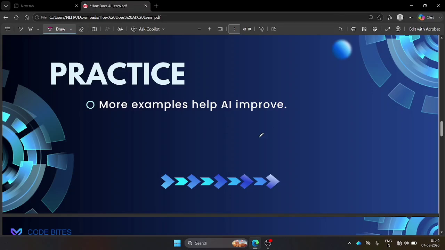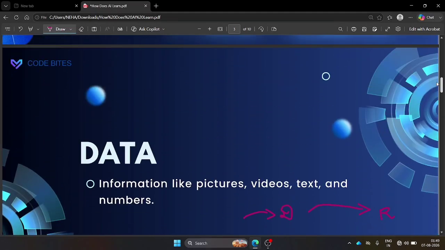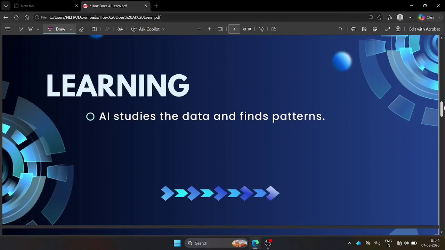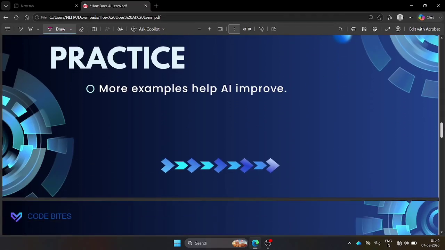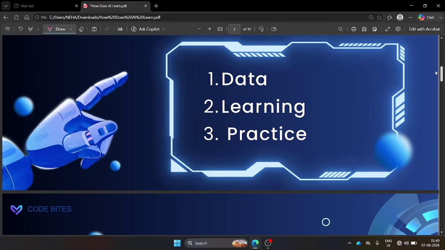Like that, AI improves by practicing the patterns, the data and the differences, and comparing them. It learns that, practices that, and through that it generates the result. So the three important things are the data, the learning, and the practice, and after that it generates a result, right? AI needs these three important things.